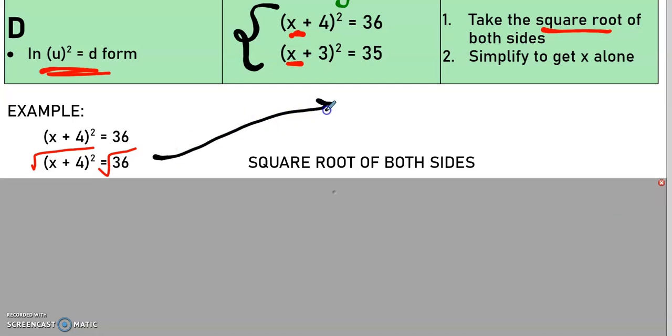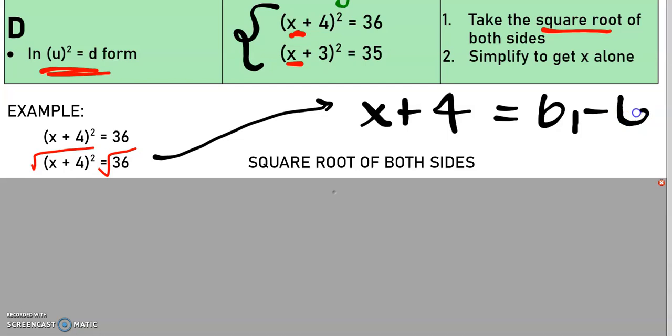After I do that, it would be x plus 4 equals, what's the square root of 36? Square root of 36 is 6, and I have to remember I can also get a negative 6, right? There's two possible answers when we square root a number in an equation. Two answers, a positive and a negative of the square root, okay?